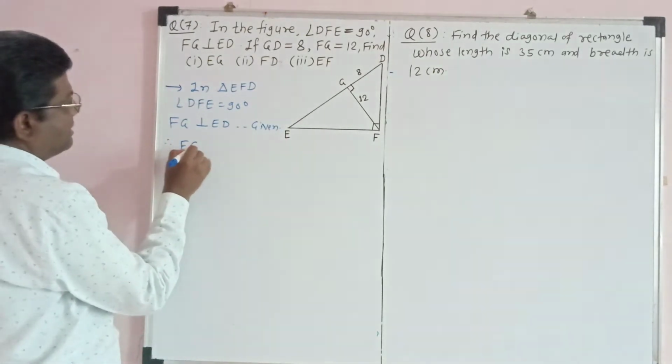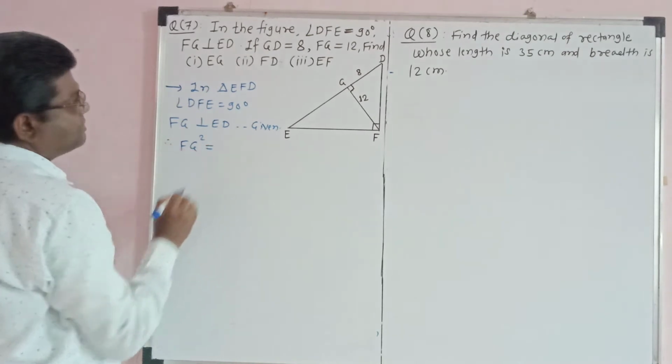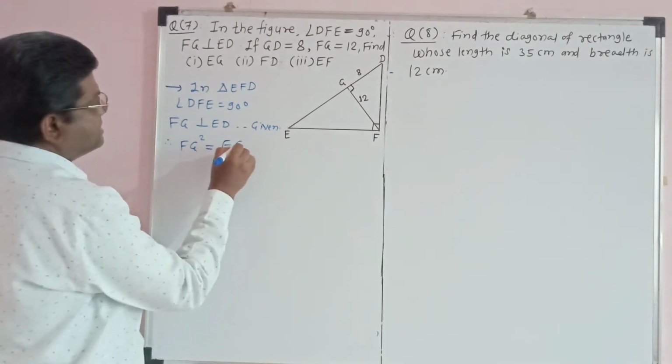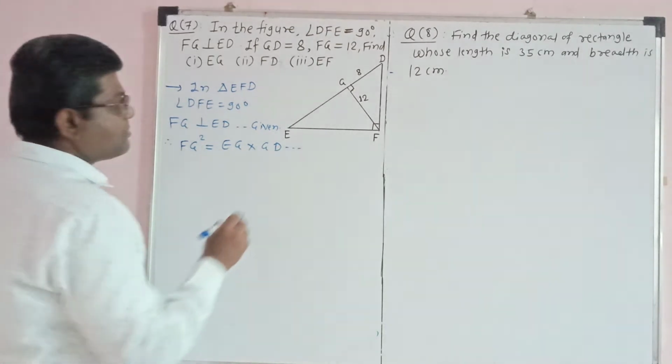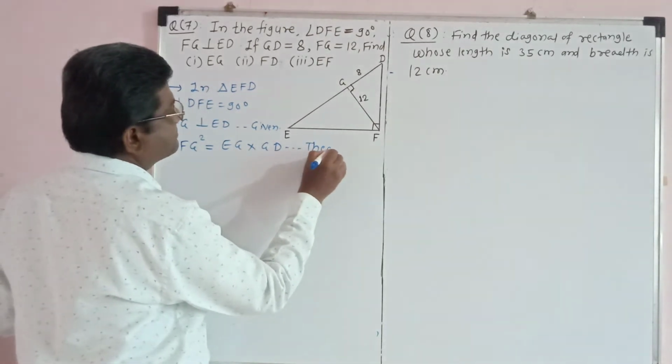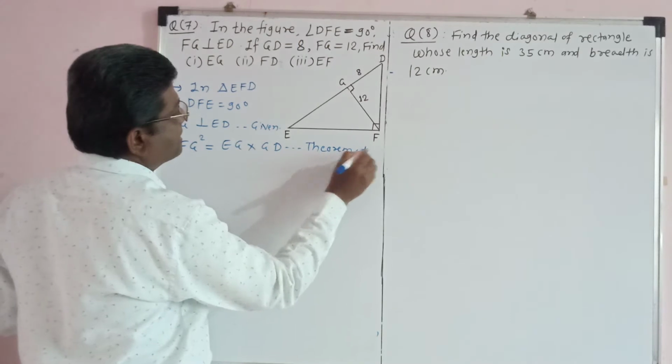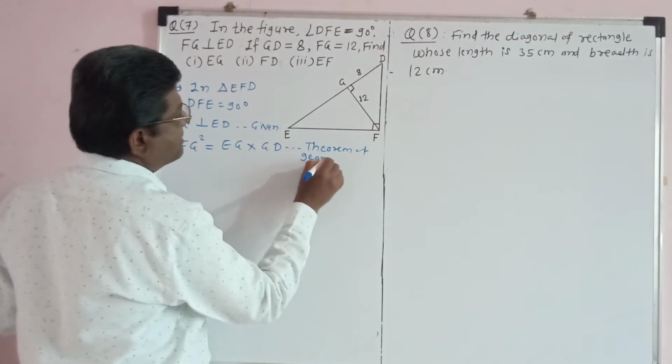Therefore, FG square is equal to EG into GD, by the theorem of geometric mean.